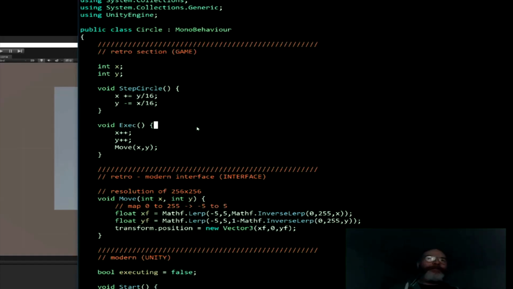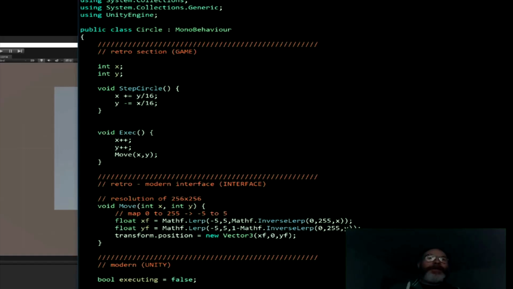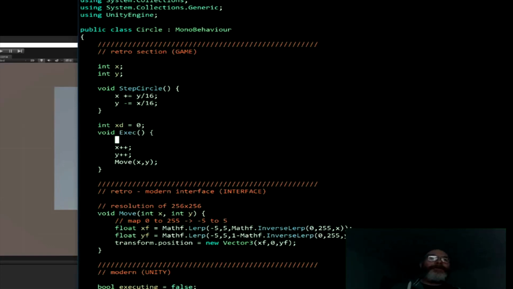So this is what I did. I managed to invent sort of directions that were somewhere in between by doing this. If I go and say int, it's just different ways of doing it, but int, say xd, I don't know what to call it. We do that, and then we can do this.